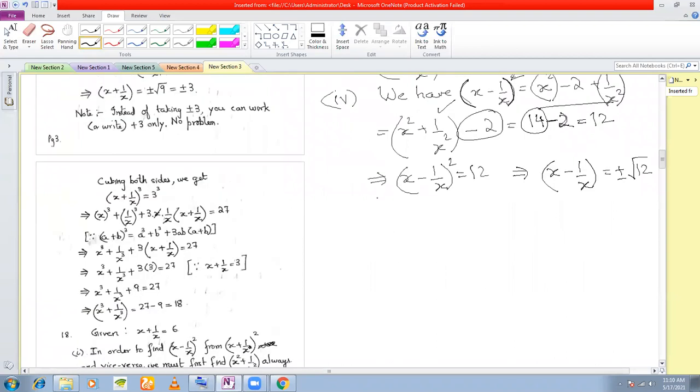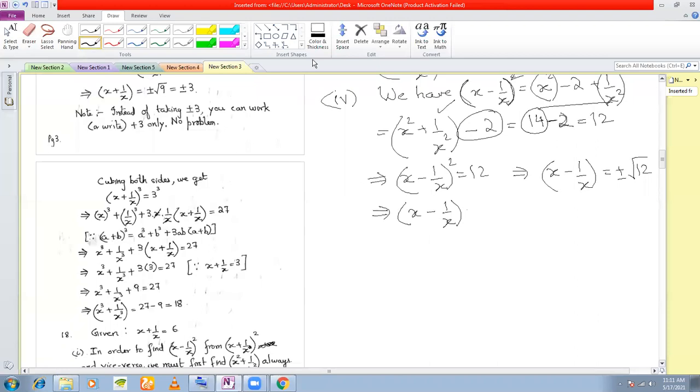So we've got x minus 1 by x is equal to plus or minus root 12. As I was telling you, you can keep the positive sign only, because we are not going to use these values, we simply want to find them. Now root 12 is a pure surd. You can convert it to a mixed surd.